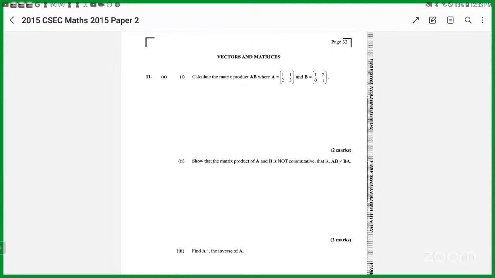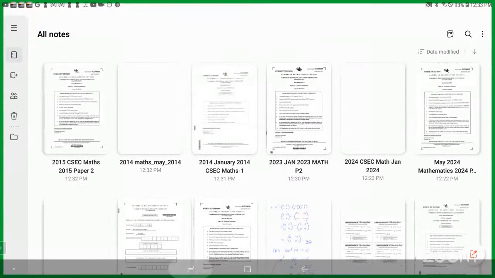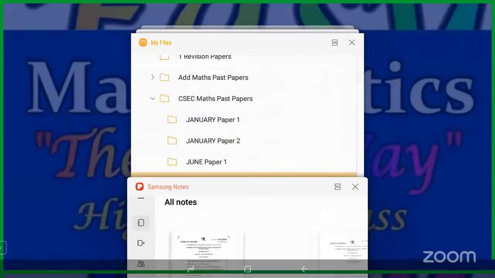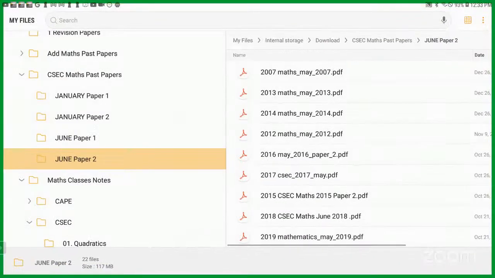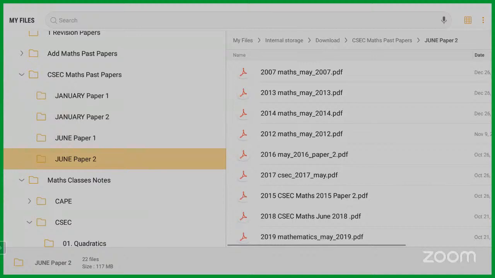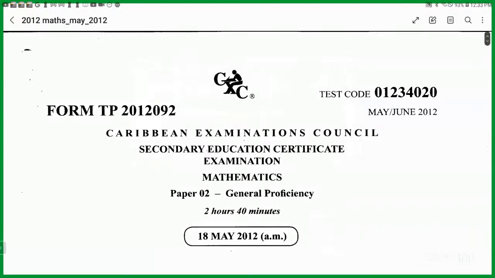2012, May 2012. There's a question on May 2012 that I want to show you. We can actually use the inverse matrix. 2012. May 2012.